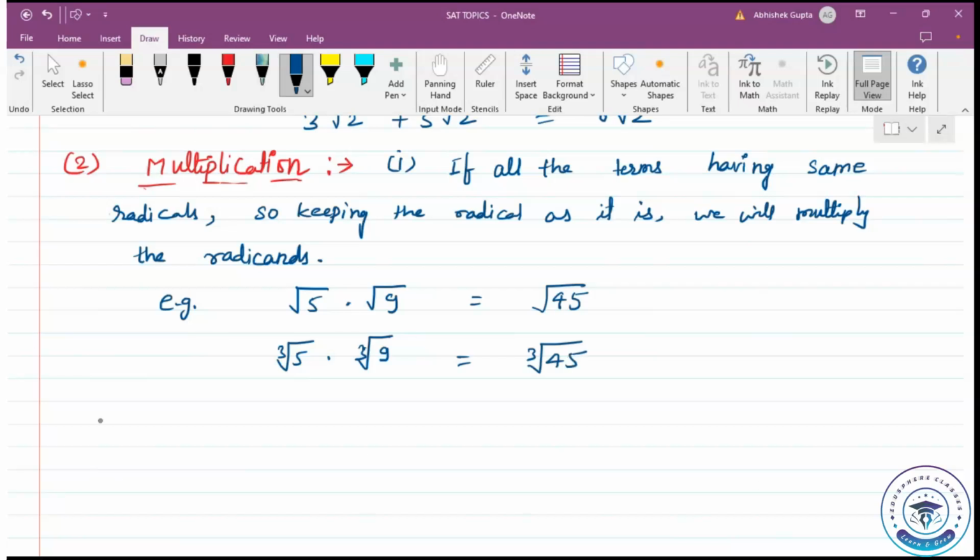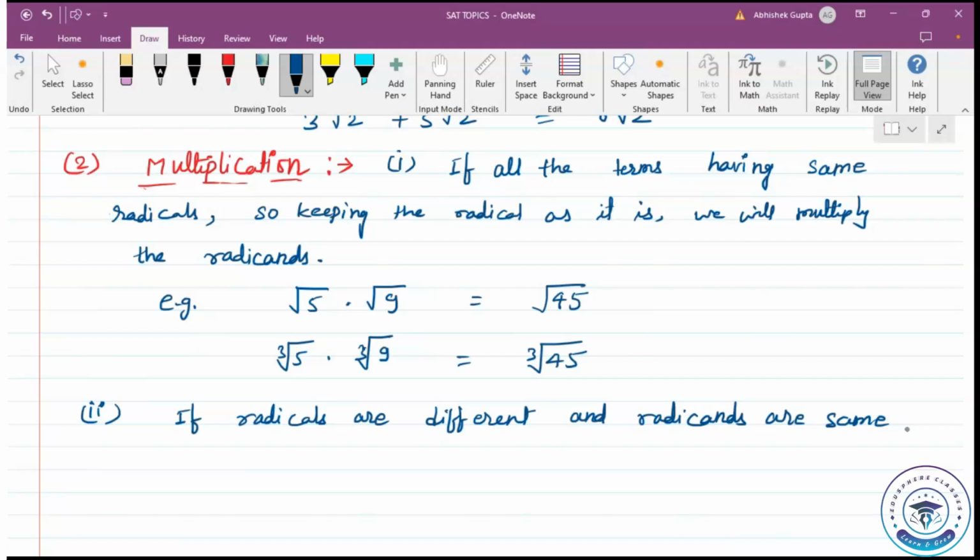Now, case 2: if radicals are different and radicands are the same, then we can use exponent rules.